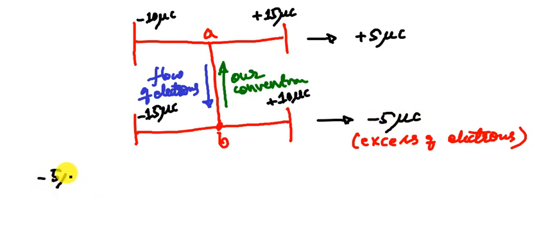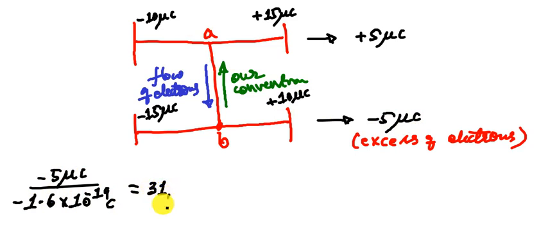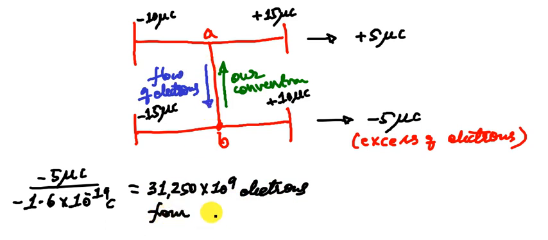So minus 5 microcoulomb divided by minus 1.6 into 10 power minus 19 coulomb, probably I get something like 31,250 into 10 power 9 electrons. Roughly 31,250 billion electrons will flow in the downward direction, that means from A to B. So this many electrons will flow from A to B.